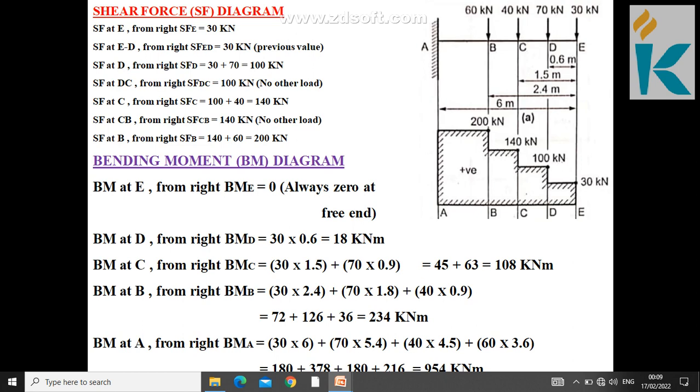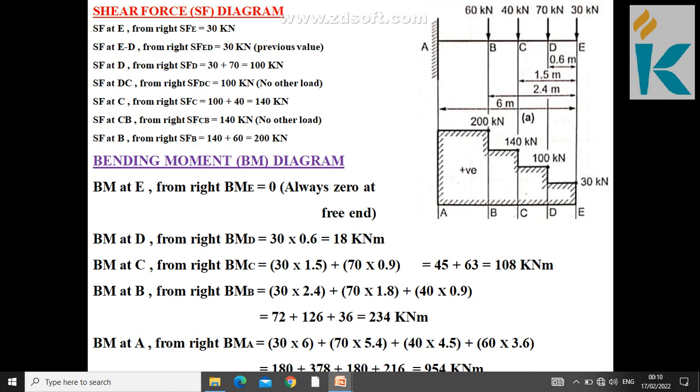Then as usual, bending moment at B from right: from the free end load, 30 into 2.4, that is the distance up to B. Then the second load at D, 70 into 1.8, where 1.8 is the distance between D to B. Then plus 40 into 0.9, that is the distance between C to B. So finally you got 234 kilonewton meter.